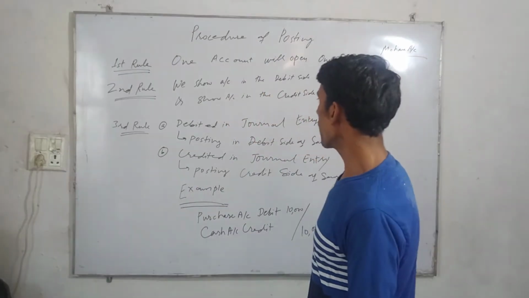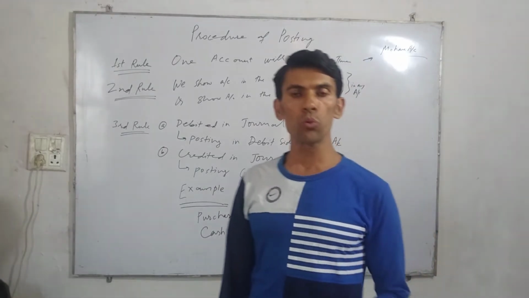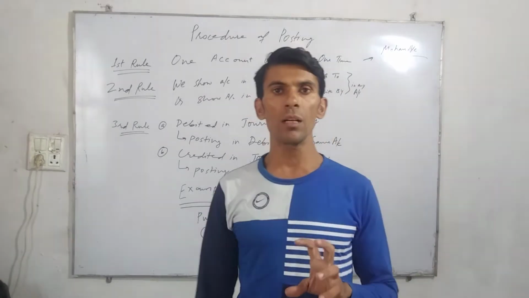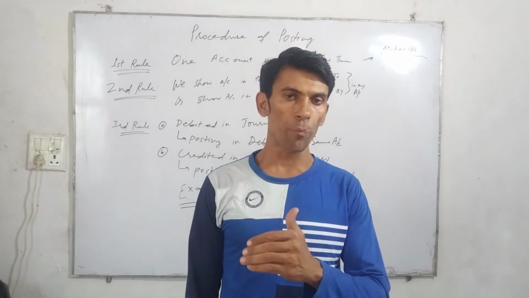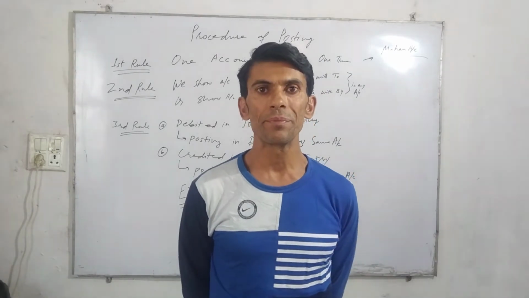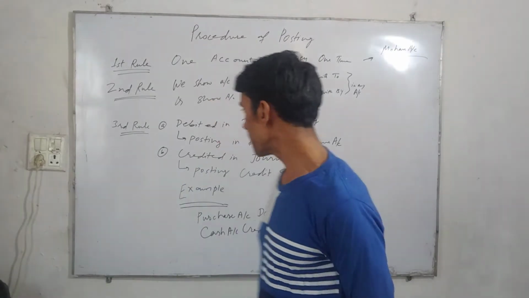Credited in the journal entry, we will post in the credit side of same account. If any account is credited in the journal entry, we open the same account and in its credit side we will show the other account and amount.